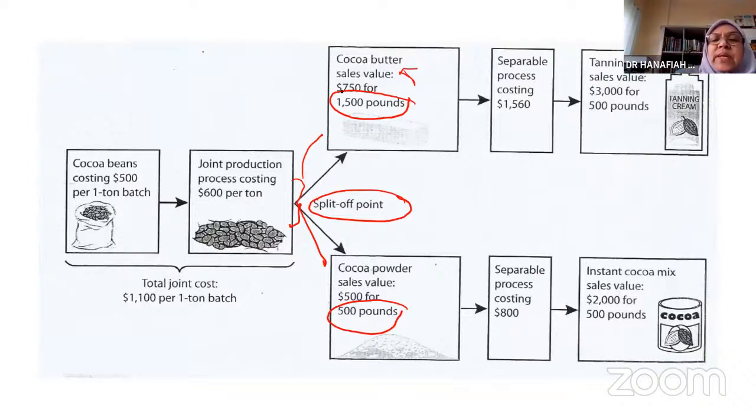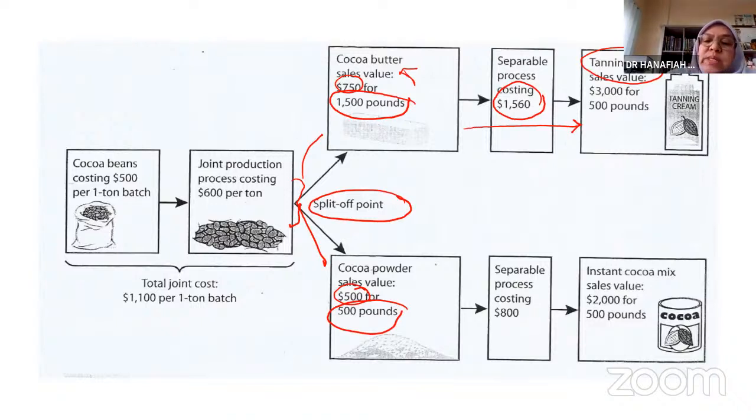Now you have separate costs already, right? And it can be further processed. You can stop here, or you can further process the product to produce tanning cream. All right. From cocoa butter, if you add another process, it costs you 1,560, but you can produce tanning cream.